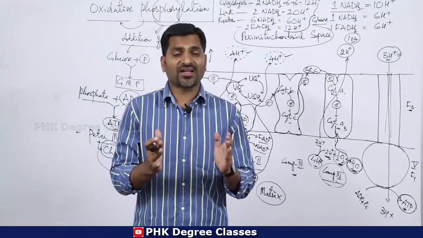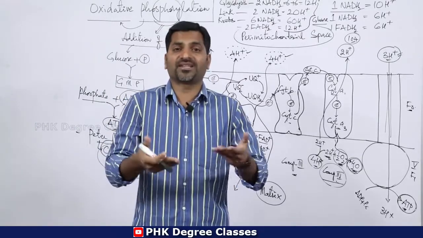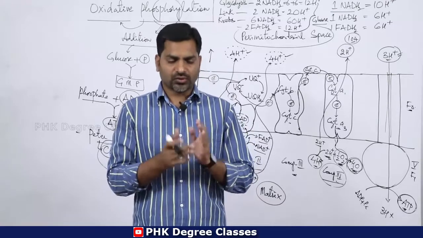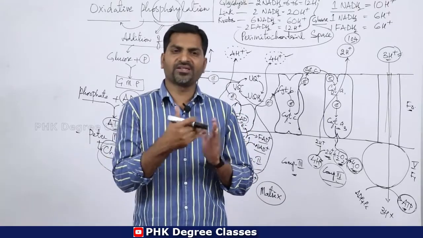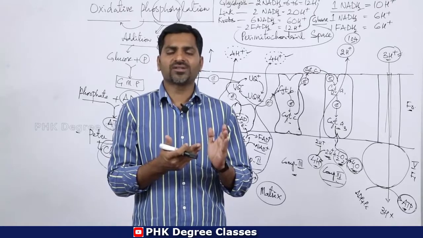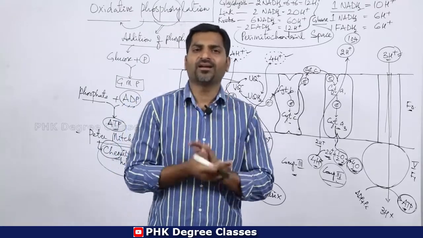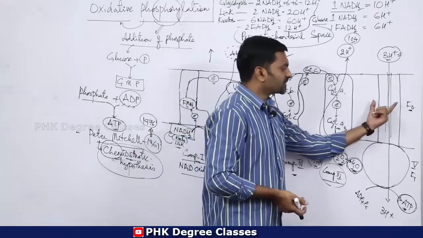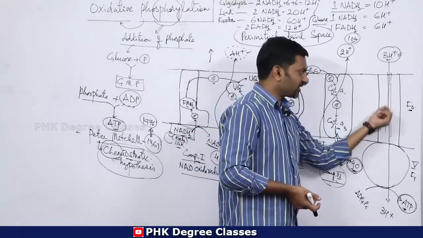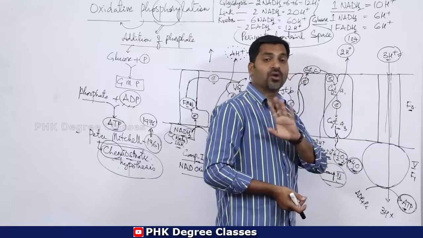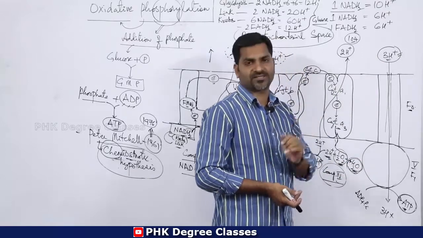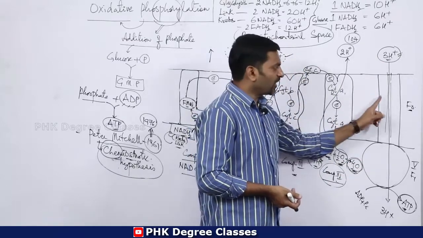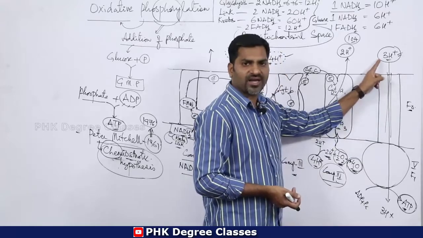A door does not allow 3 or 4 members at the same time; for entry or exit it allows 1 or 2 persons at a time. In the same manner, this particular channel, this passage, will not allow more than 3 protons at once.